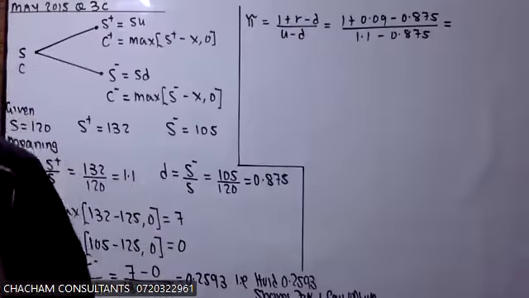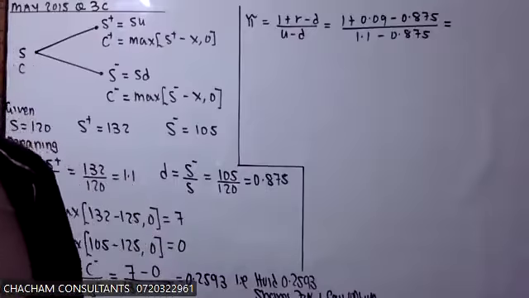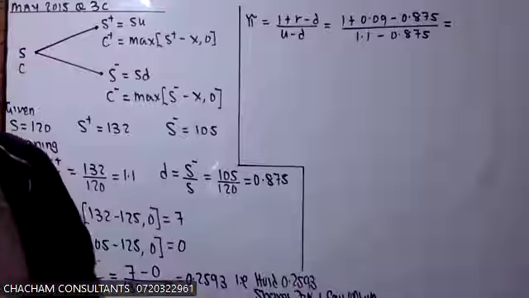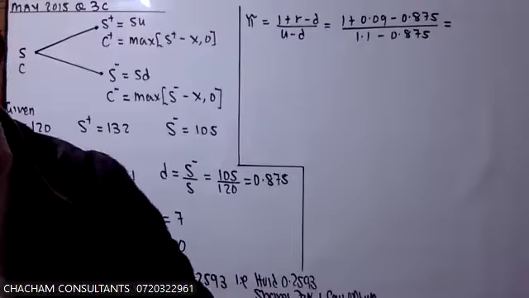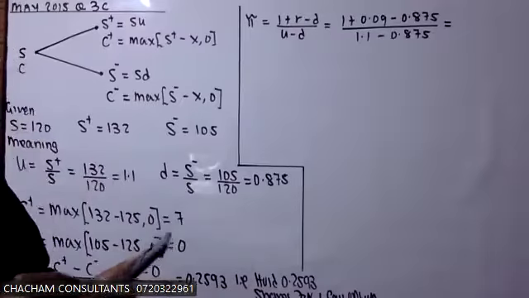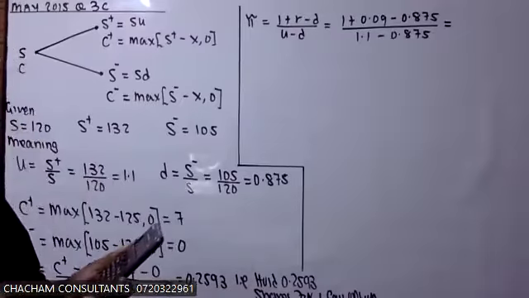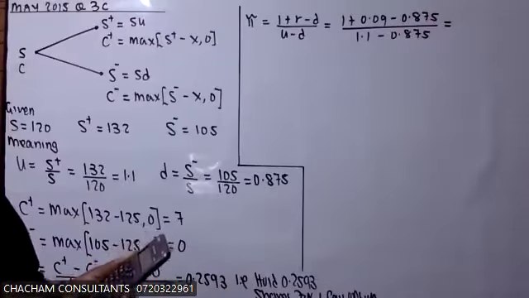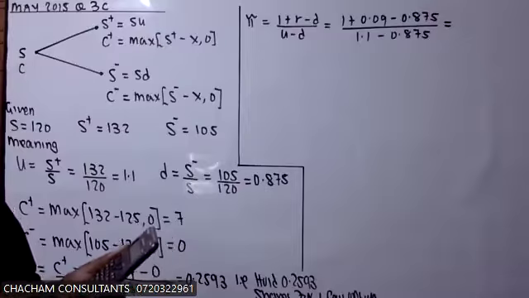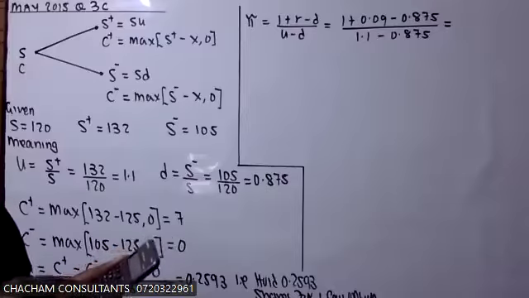Is it really 0.19? I think I got a different value. 1 plus 0.09 minus 0.875, I divide by 1.1 minus 0.875.